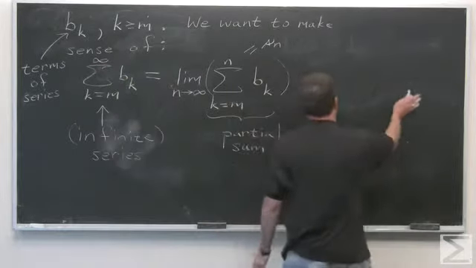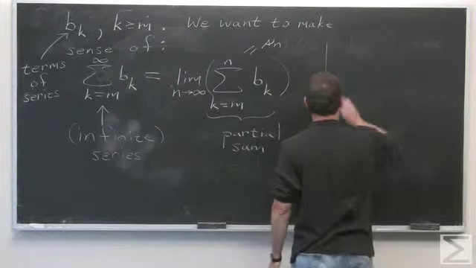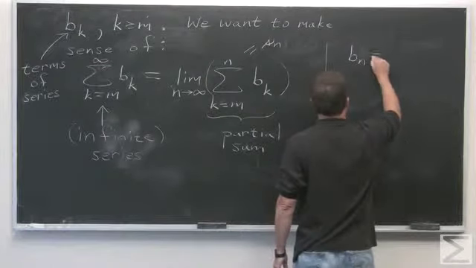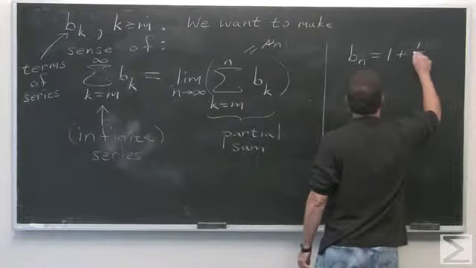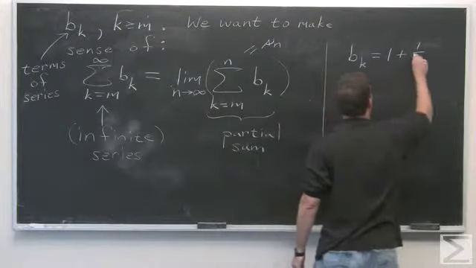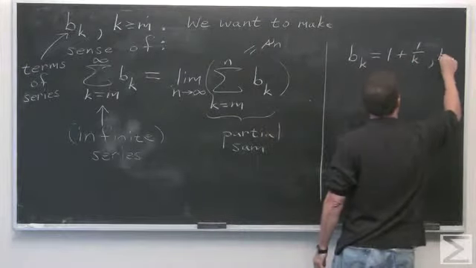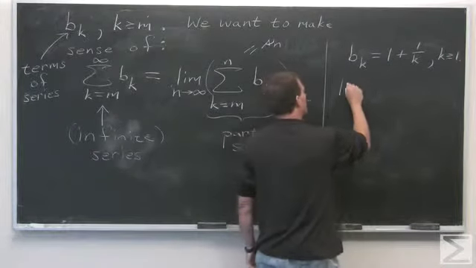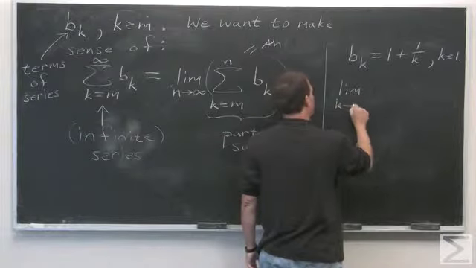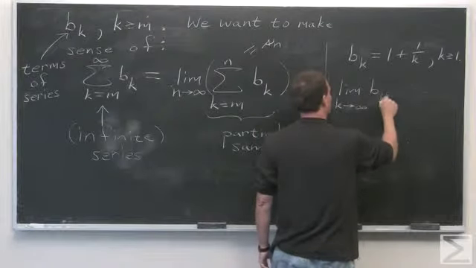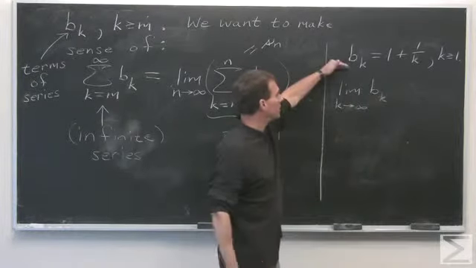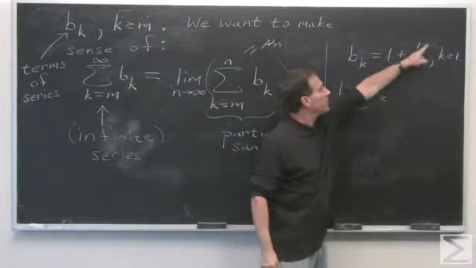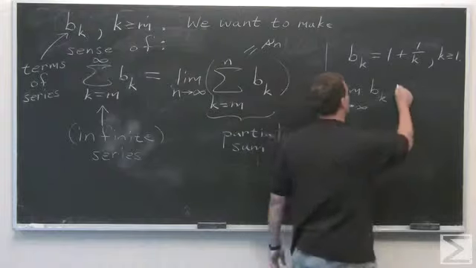Suppose I take b sub k equals 1 over 1 plus k, and k is greater than or equal to 1. What's the limit as k approaches infinity of the b sub k? Does this sequence converge? Yes. As k goes to infinity, this part goes to 0 and this part approaches 1, so this limit is 1.